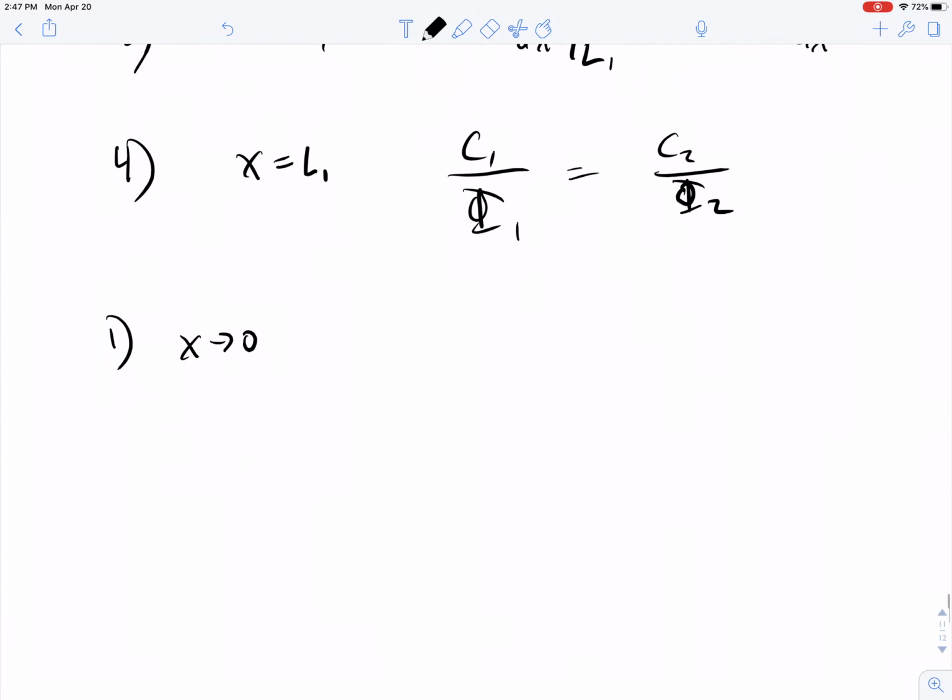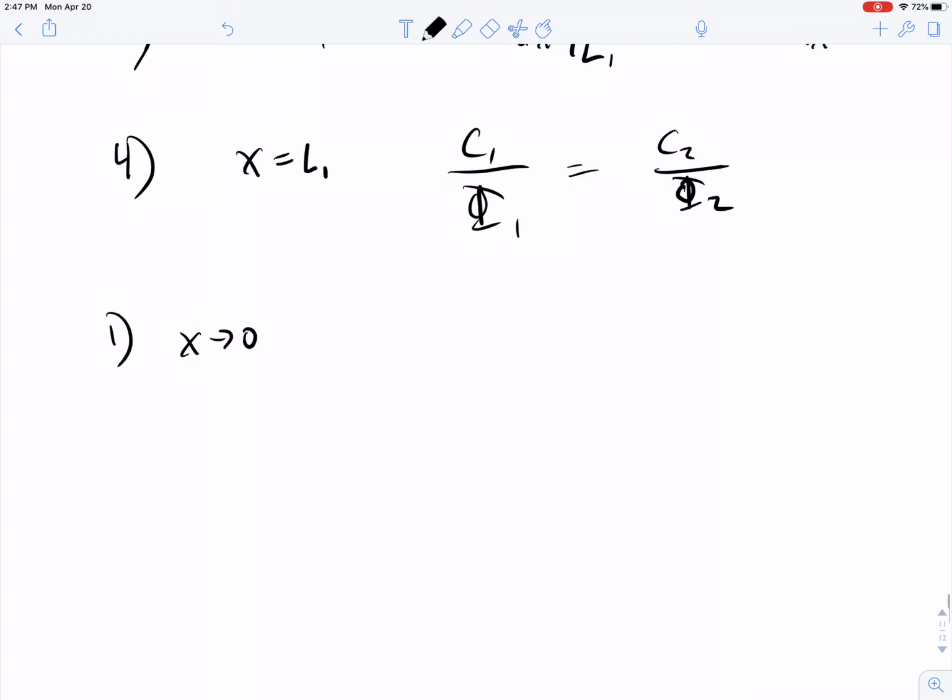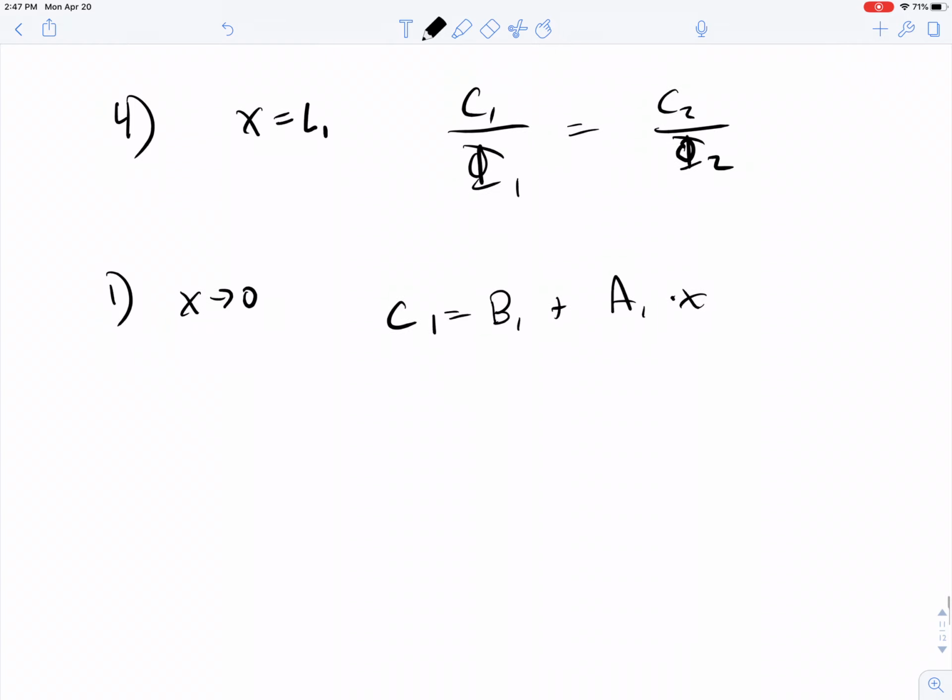Okay, so at x equals 0, we're only going to be working with the left-hand side of this. So we're going to have, at x equals 0, c1 equals b1 plus a1 times x. That equation makes the substitution.